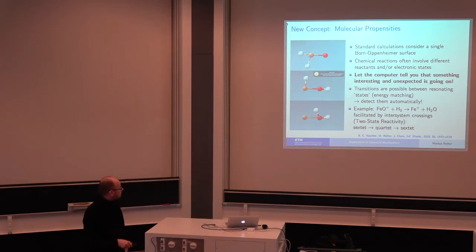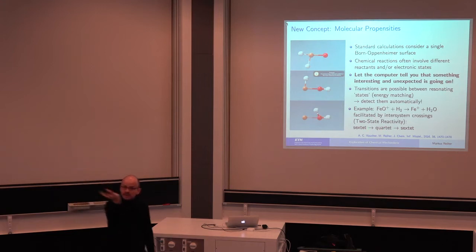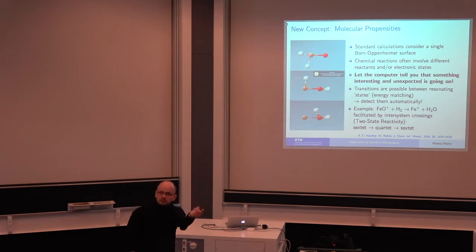People figured out, that was Shaik, Helmut Schwarz, Detlef Schröder, that the only way to understand the kinetics here is to assume something which they then coined two-state reactivity, where you start from a sextet spin state, and in between you switch to a quartet surface, because on the sextet surface the barrier is so high that you wouldn't see the reaction, but the reaction was observed. The quartet surface comes down in energy, the system switches to the quartet surface and back to the sextet surface. And this is the only way to explain the kinetics.